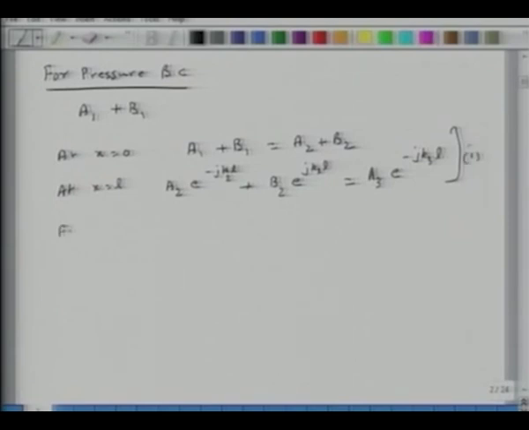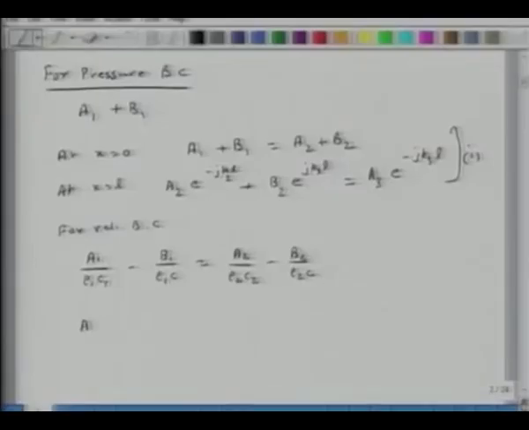And for velocity, what I get is A1 over rho 1 C1 minus B1 over rho 1 C1 equals A2 over rho 2 C2 minus B2 over rho 2 C2 at x equals 0.